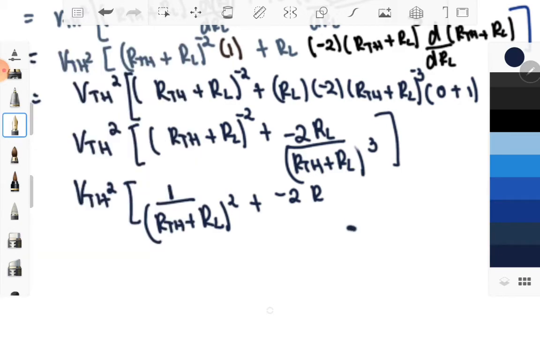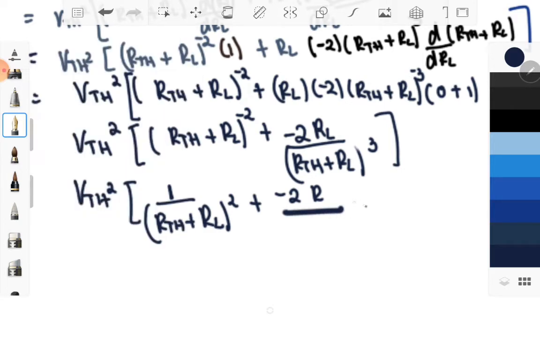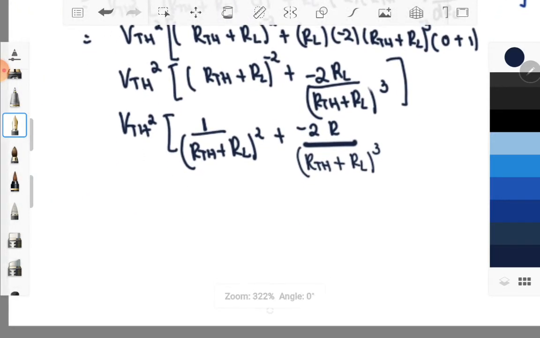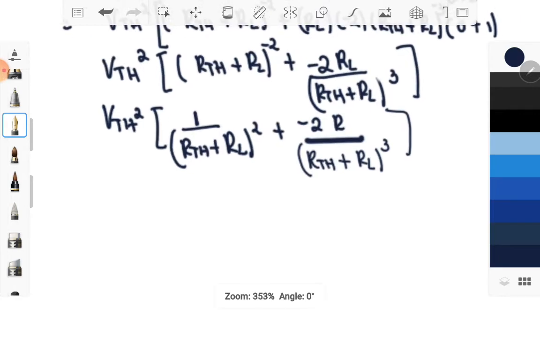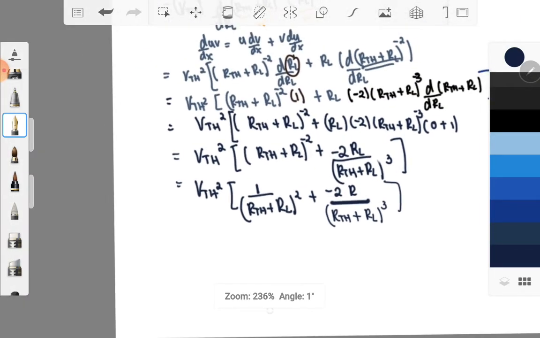So, minus 2RL divided by our (RTH plus RL) raised to 3. So, adding this, this equation is equal to our dP over dRL.